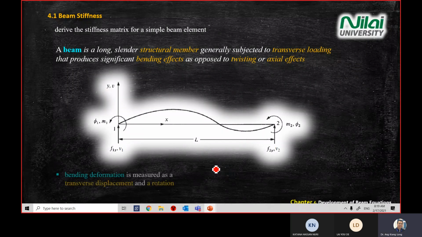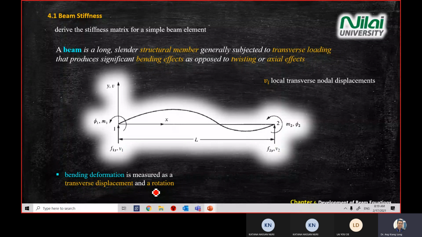Okay. So we continue. So we will have bending deformation. Bending deformation is measured as a transverse displacement and a rotation.